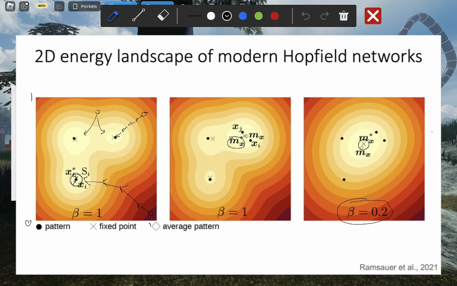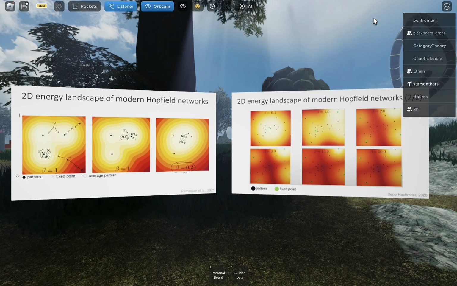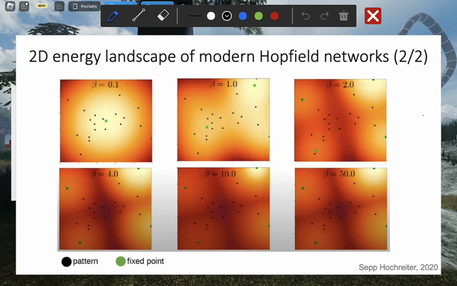And the next slide here just shows some more examples. This is with, I think, something like 10 or 20 different patterns. In this case, the green dots are fixed points. What you notice is, in general, the energy landscape gets sharper when you increase this beta parameter.